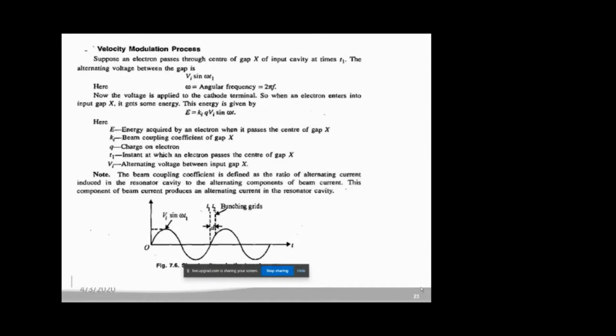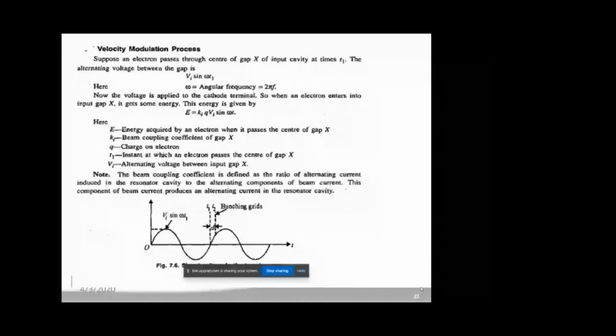Suppose the input voltage at time T1 is given by Vi sin(ωT1), where ω is the angular frequency, 2πf. The voltage is applied to the cathode terminal, so that when an electron enters gap X, it gets some energy.